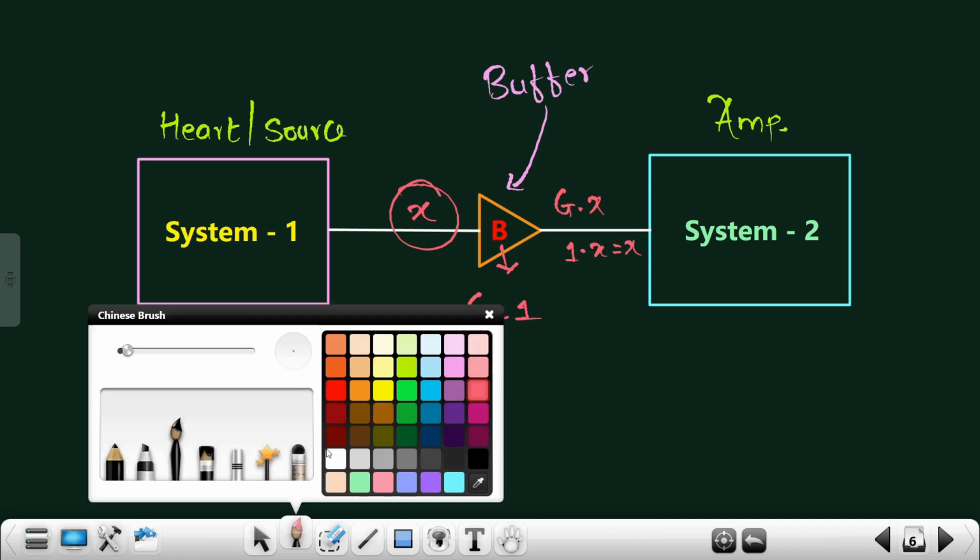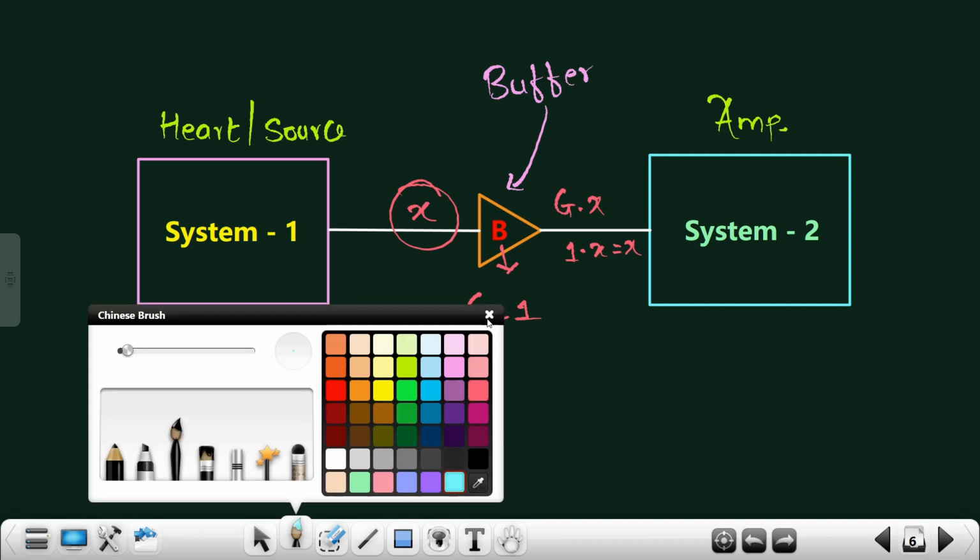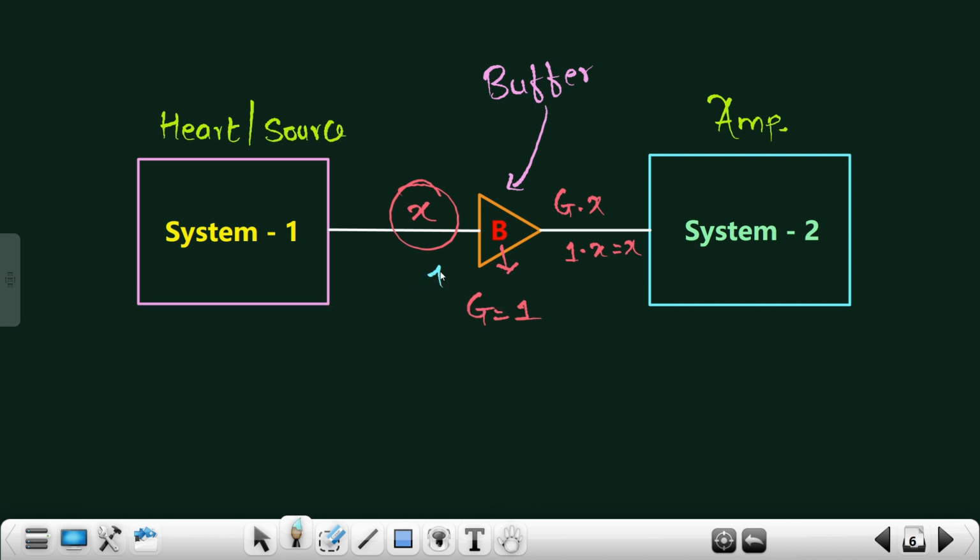And one more thing I would like to add over here, that the input impedance of buffer amplifier is quite high.